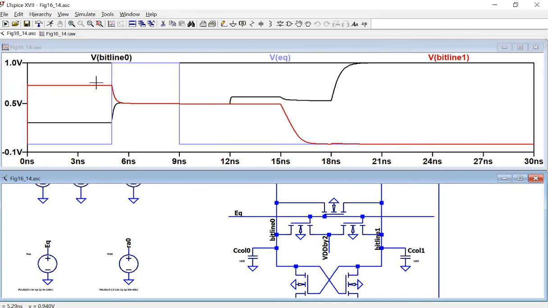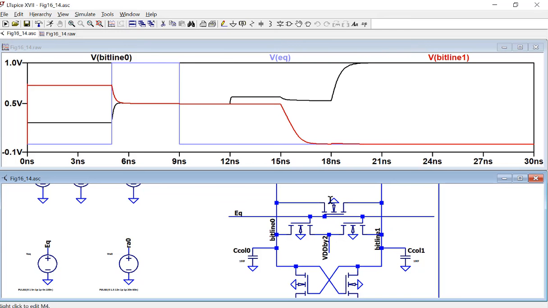Look at these 2 lines, bit line 0, bit line 1. I initially assign an arbitrary voltage to them. One is 750 millivolts, one is 250 millivolts. Whenever I fire this equalizer, which is feeding 0.5 volts to here, the 3 transistors are called a voltage equalization circuit. So whenever I turn on the channel, this 0.5 volts will be delivered to here and here.